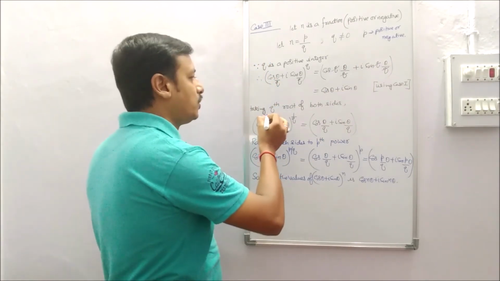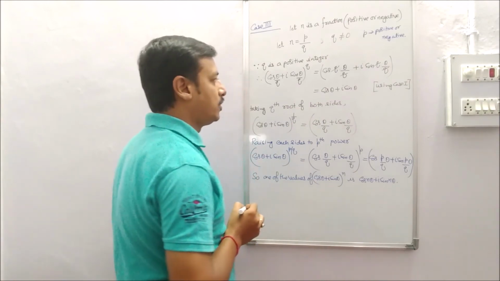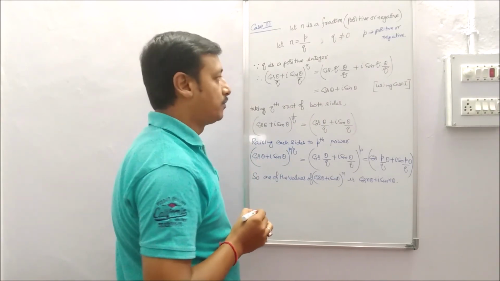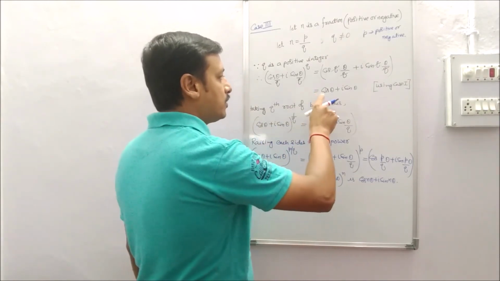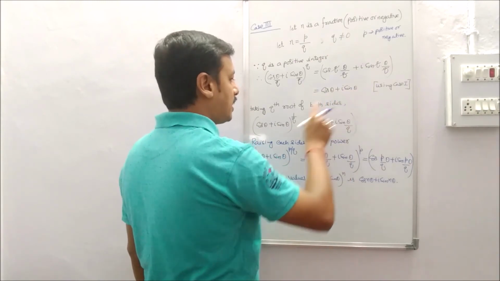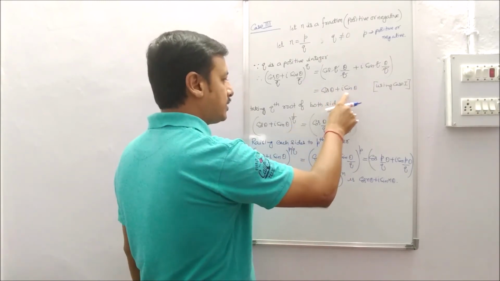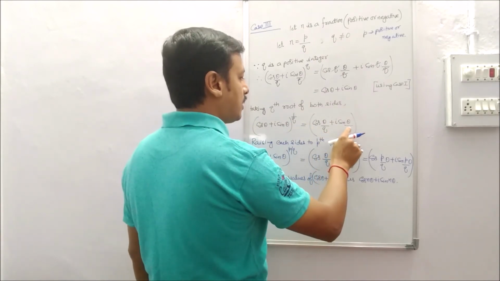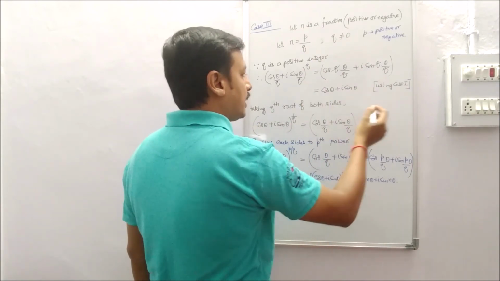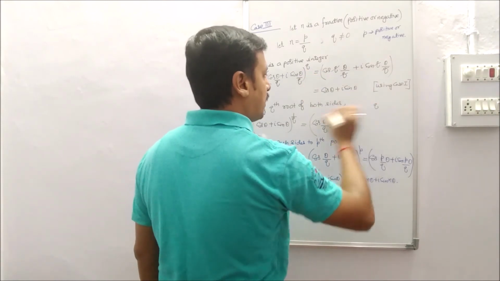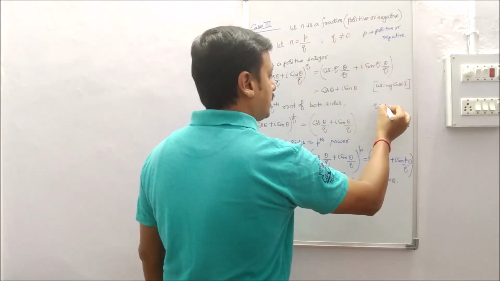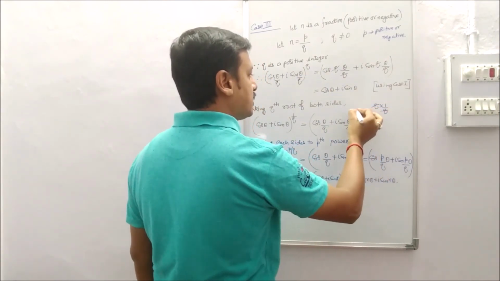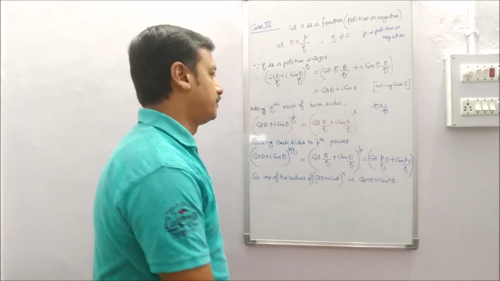Now taking the qth root on both sides, that means taking the power 1 by q, so (cos theta plus i sin theta) to the power 1 by q on the left, and on the right (cos theta by q plus i sin theta by q), where the power q and the qth root cancel, so the power is 1.